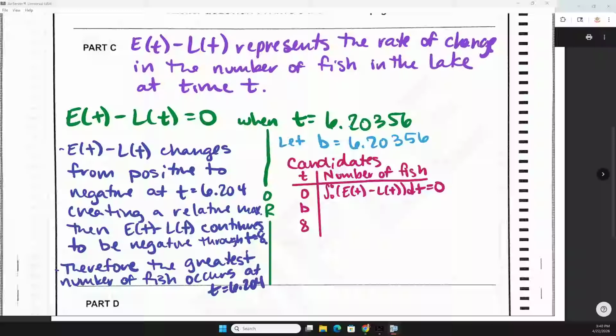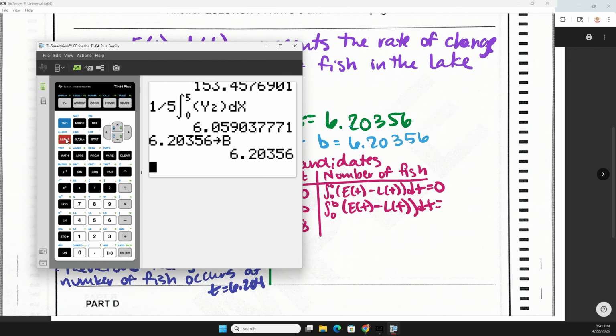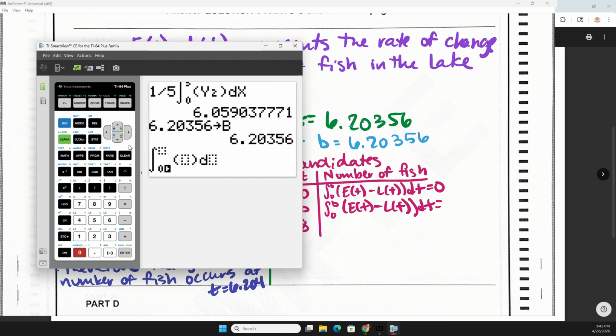All right, and then I'm going to have the integral from 0 to b of E of t minus L of t dt. All right, so let's see what that is. And then I know that E of t minus L of t is in y3.